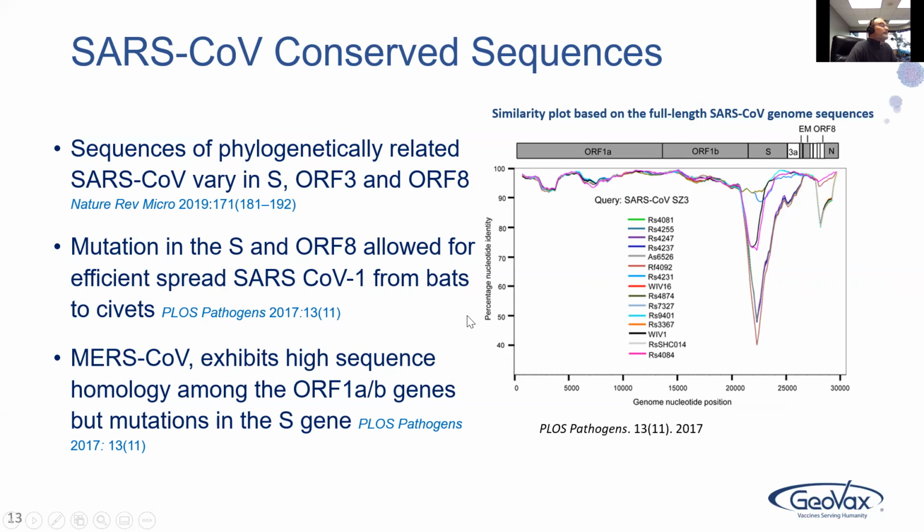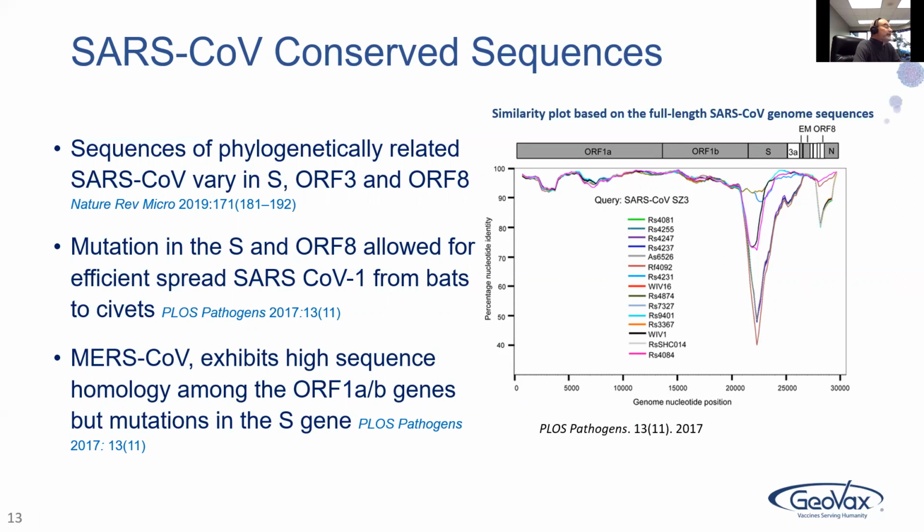So there are a number of proteins within the virus that are not prone to great variation, certainly significantly less variation than the S protein. Now, does this variation make a difference beyond escape of the immune responses? And we believe that it probably does. There are reports, for example, that mutations in the S protein and the open reading frame 8 are actually what accumulated over time.